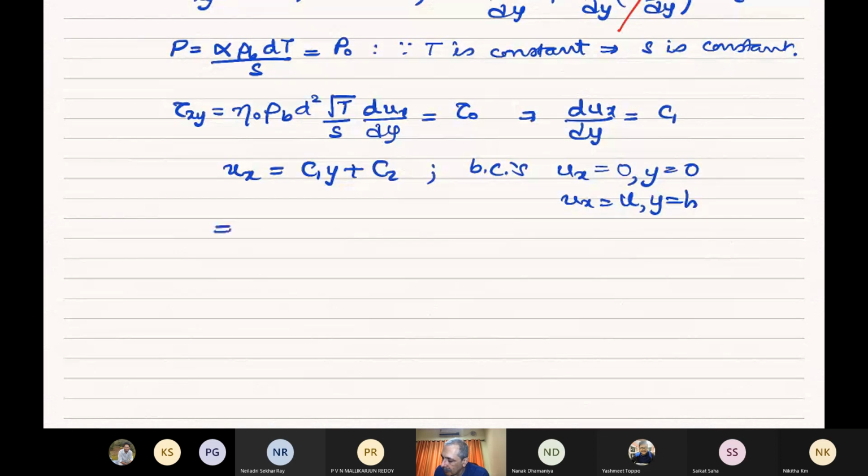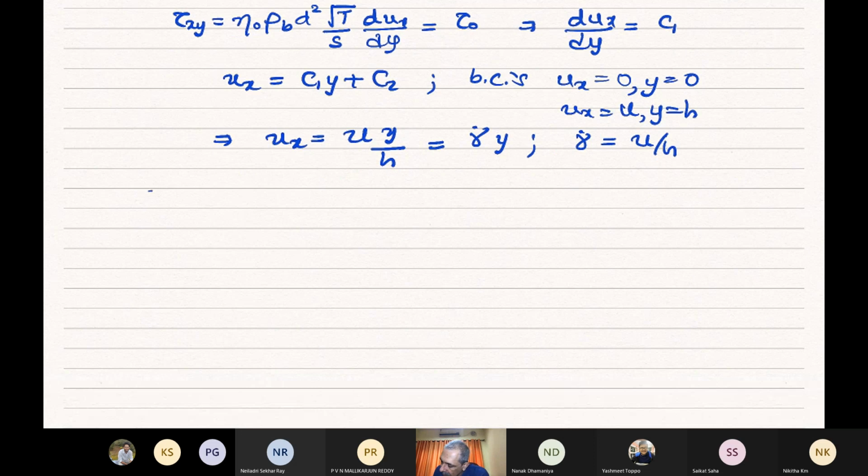If we substitute for this, we can get C1 and C2. Sometimes you can write this also as gamma dot into y, where gamma dot is just equal to u by h. So this essentially gives us a velocity profile.